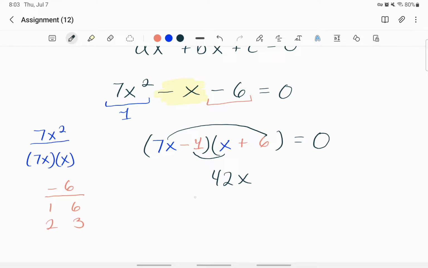Negative 1 times x is negative x. 42x minus x is positive 41x. And that doesn't work because the middle term is negative 1x.